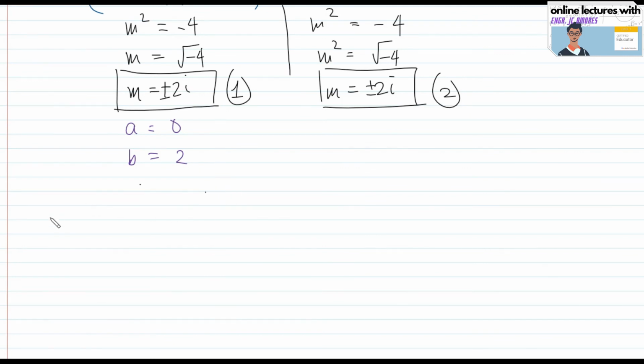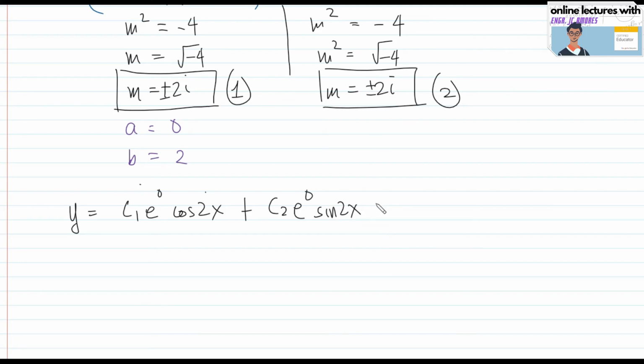So for the general solution, we first consider this one. The first time m equal to plus and minus 2i was present, we have c1 e raised to ax, so that would be e raised to 0 cosine 2x, plus c sub 2 e raised to 0 again sine 2x.